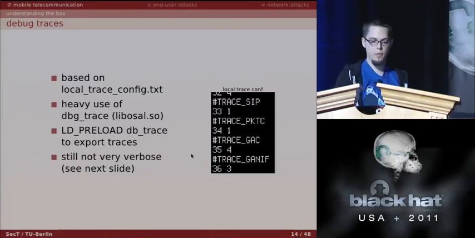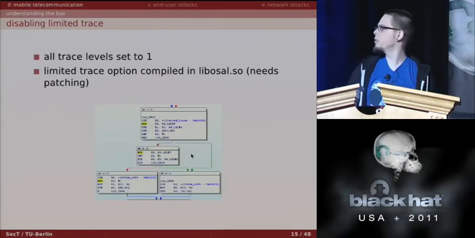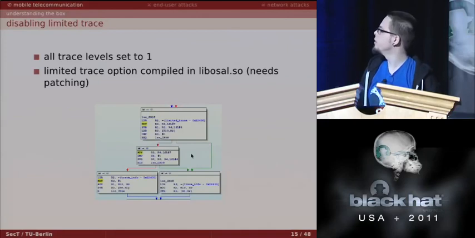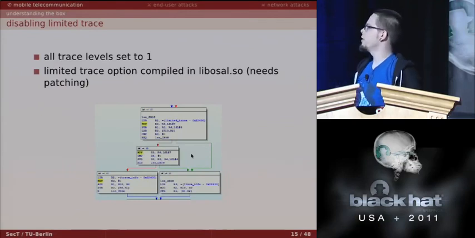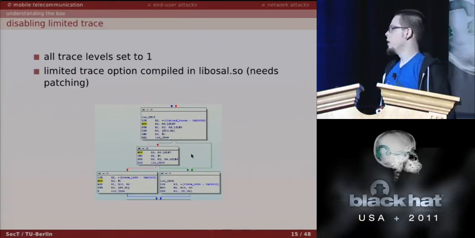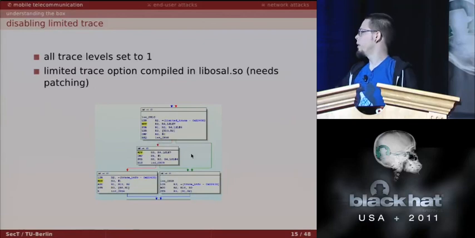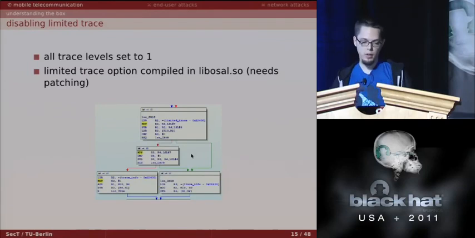Further poking at the libozal, where this debug trace function is coming from, as you can see in this IDA screenshot, you have an option called limited trace, which is compared in the first block in the register R3 with the value 0. If it's 0, the right branch is taken, and the right block at the bottom just sets the corresponding log level.